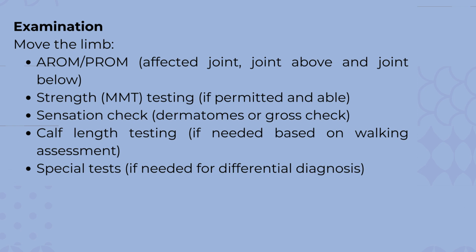All right. The examination of the affected joint should also include assessment of the joint above, that is the hip, and the ankle. All right. How would you do that? So the three trials that I was talking about have to be done only for the knee, that is your affected area.